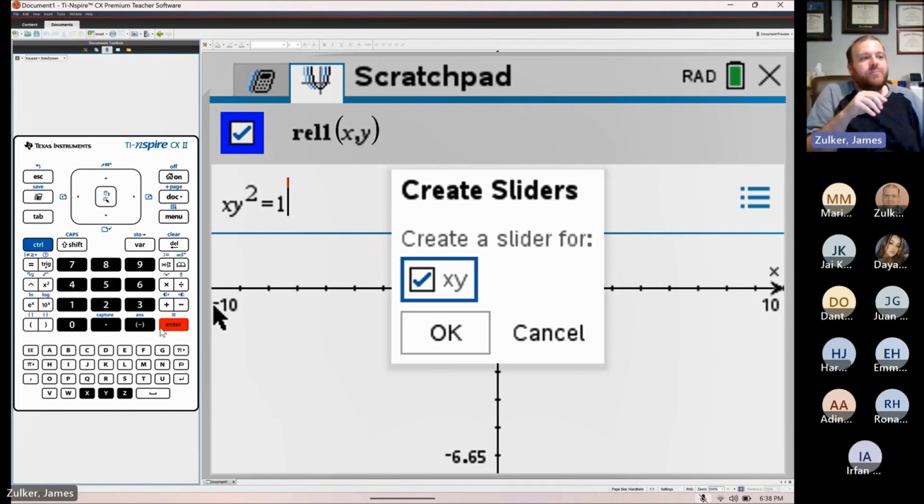So this is an error. Does anyone have an idea why we're getting an error for this?